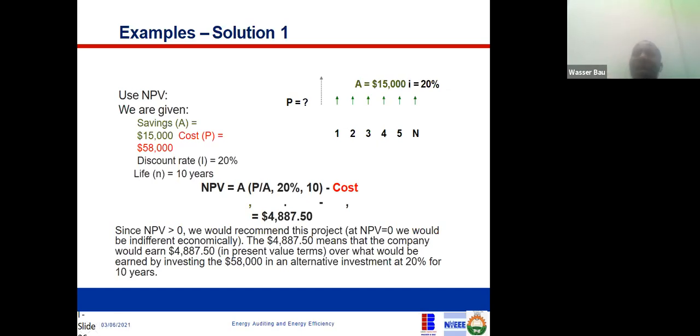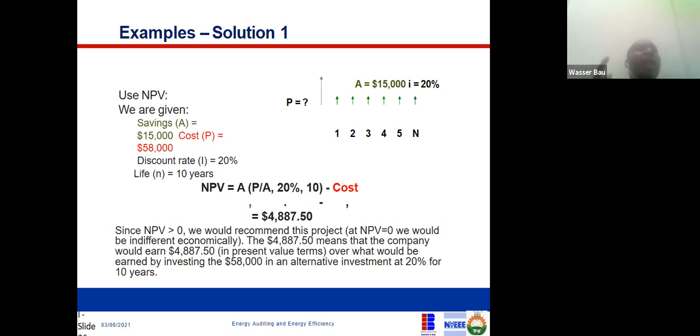This 15,000 naira is an annualized amount. It's a sequential payment, a constant annual equal payment coming every year from energy saving. But what is the equivalent today? Because today we are meant to cough out 58,000 to buy the machine that will make it possible, or to build the solar power that will be saving us 15,000 every year.